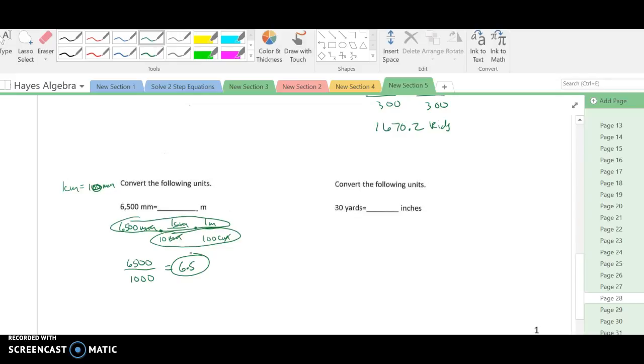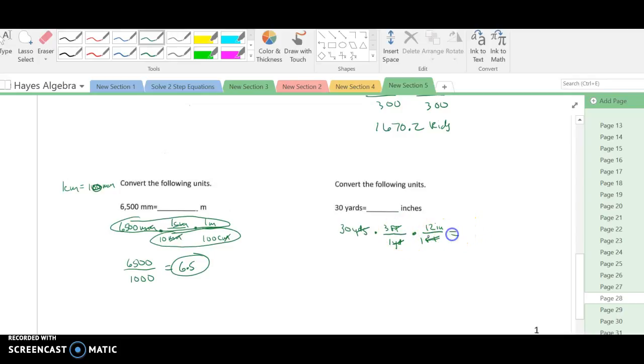Done. Okay. 30 yards now. Okay, if I have 30 yards, I'm going to convert yards to inches. So if I think about it, I need yards to cancel out. So I know 3 feet is equal to 1 yard. Yards cancel. Okay, now I need feet to cancel. So I need that to end up on bottom. So 12 inches is equivalent to 1 foot.